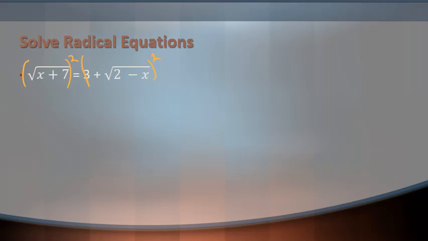And of course, over here on the left, when I square the square root of x plus 7, it's just going to leave me x plus 7. But on the right side, I'm going to have to FOIL this thing. And this is what makes this more fun. So I've got 3 plus square root of 2 minus x times 3 plus the square root of 2 minus x.